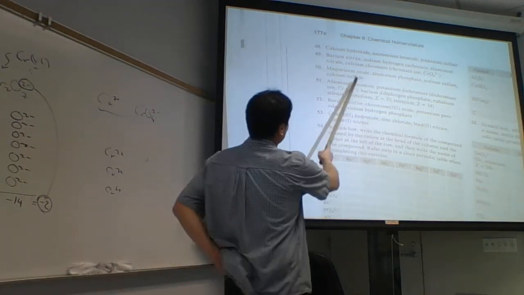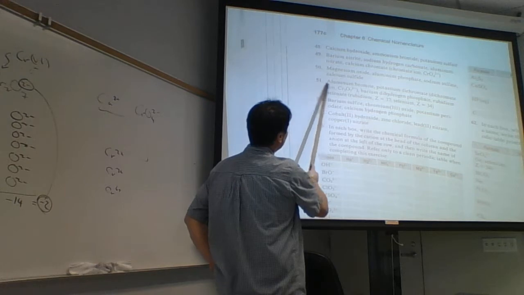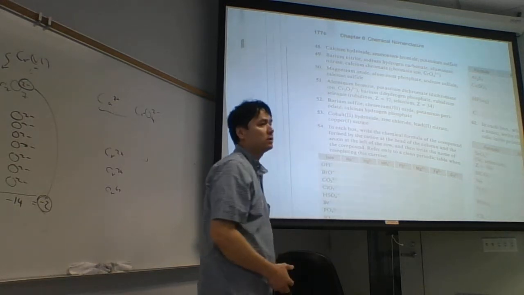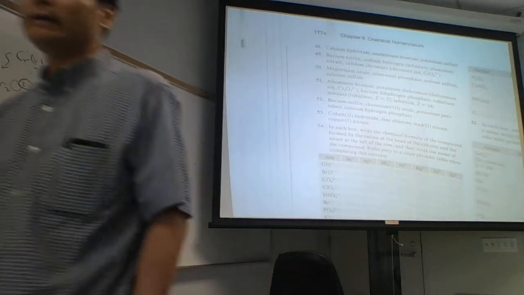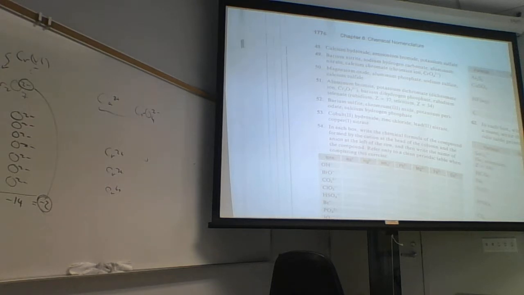So we did calcium chromate. Let's go on to 51. Aluminum bromide. And so the first thing, when we look at bromide, we think bromate. Bromide, bromate. So bromate is what? What's the formula for bromate? BrO3, charge -1.